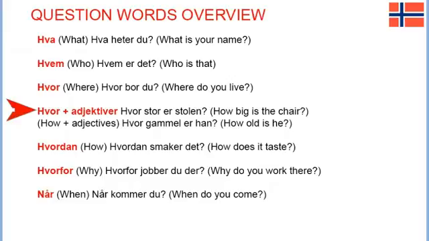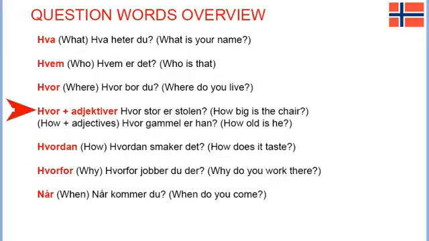This here, hvor, is where we use in the same way you in English use how. So that changes a little bit in Norwegian. For instance, hvor stor er stolen? How big is the chair? Hvor gammel er han? How old is he? And of course, this is how small, how fast, etc. There are numerous adjectives you can ask with this.